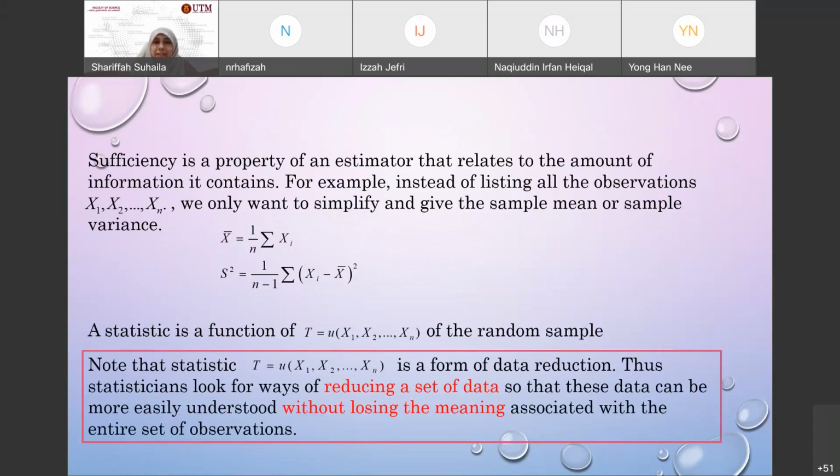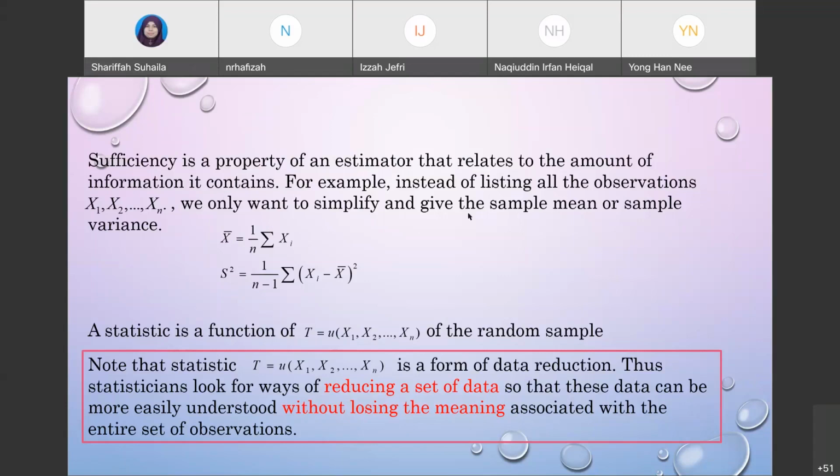We have several kinds of statistic, but in your syllabus, we only emphasize sufficient statistic and also complete sufficient statistic. If you look at any reference textbook, there is also a term called ancillary statistic. That also exists. But in your syllabus, we only emphasize sufficient statistic and complete sufficient statistic. I hope you have watched the video.